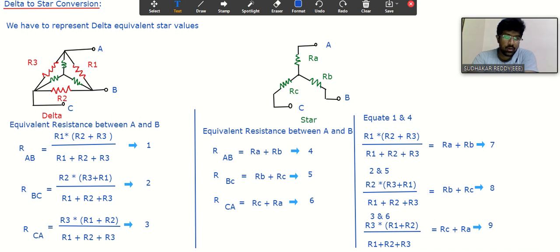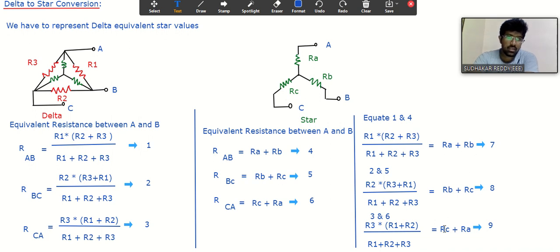For that purpose, you can observe here, I am subtracting equation number 7 and equation number 9. Here also RA is there, here also RA is there, so RA gets cancelled and you will get RB minus RC. Yes or no?